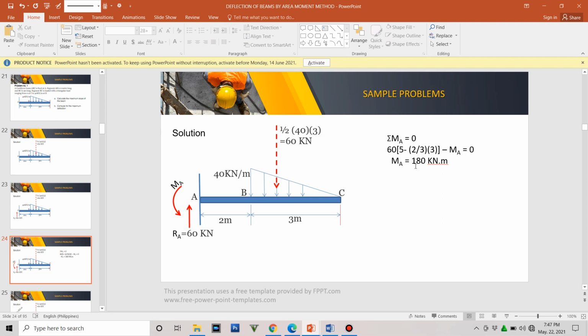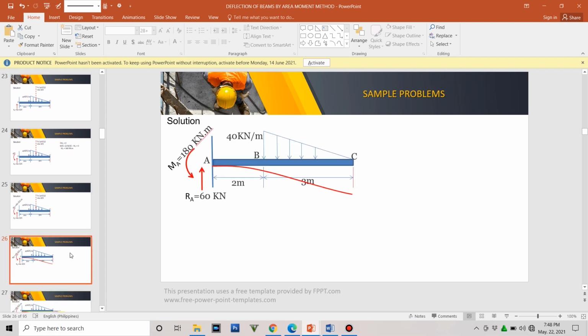And we computed MA equal to 180 kilonewton meter. So we're going to place it on the illustration.